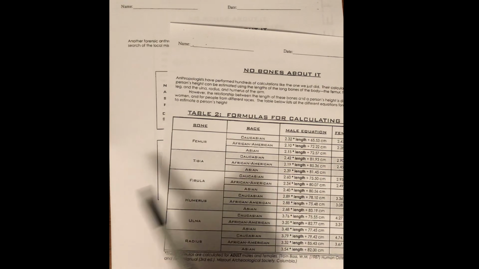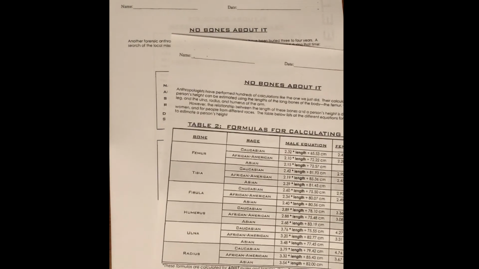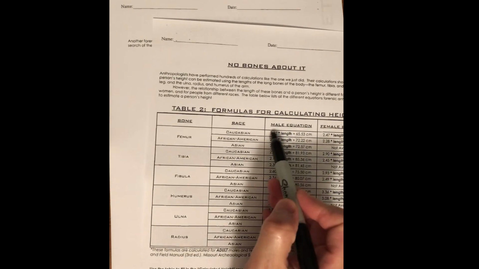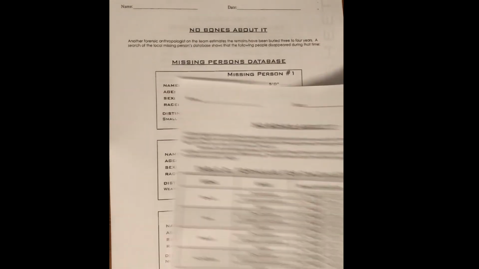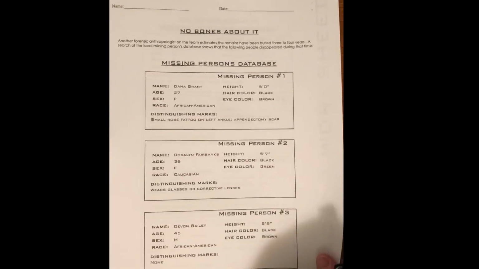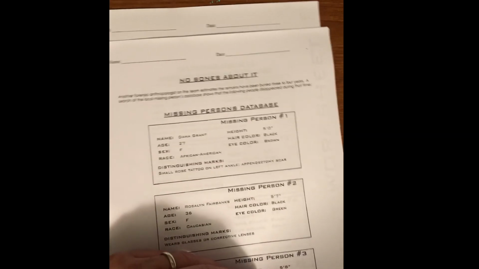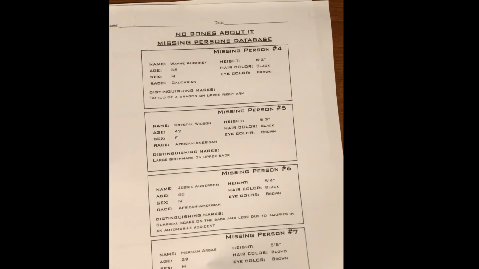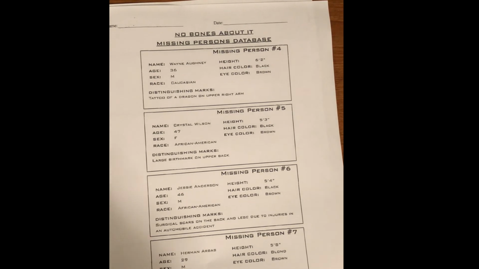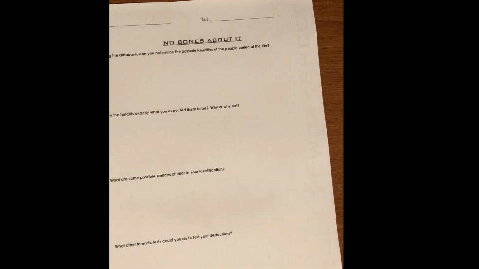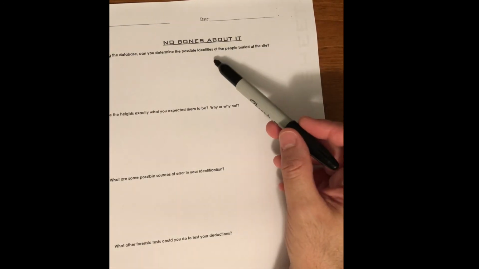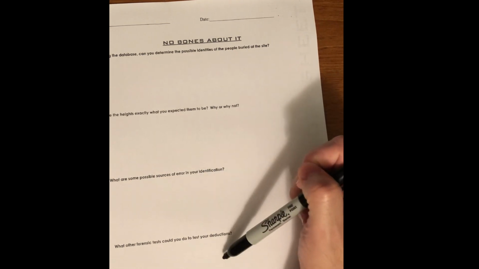So you're going to be putting in height and getting bones rather than putting in the length to get the height. You've got 7 missing people, 2 pages of missing people. And once you've determined who they are, there are 4 follow-up questions.